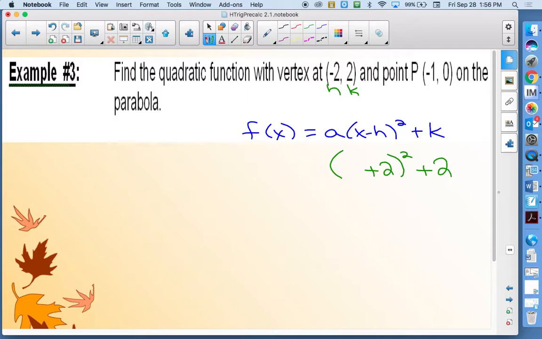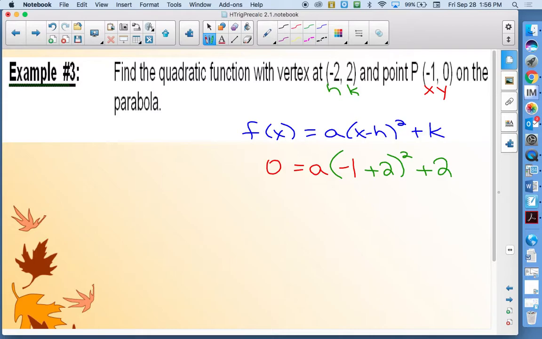What do you think you do with the point? Chelsea? Yeah, plug it in for x and y. So any point randomly on a graph is x and y. The vertex gets the special h and k letters. So y is 0, x is -1. The only number that we don't have would be representing the a value. So that's what you would be finding.